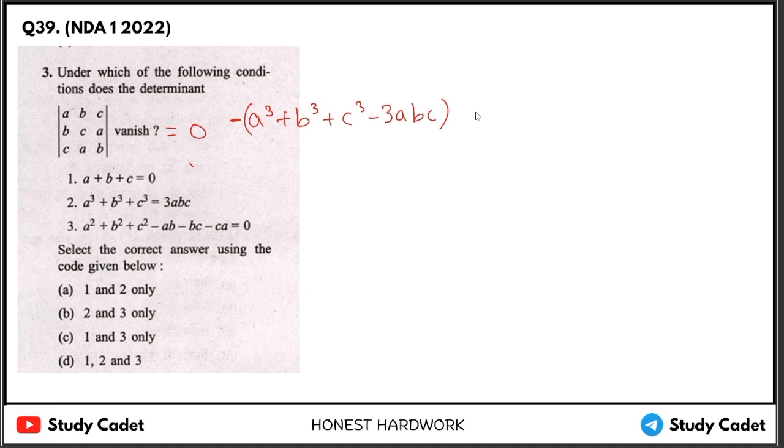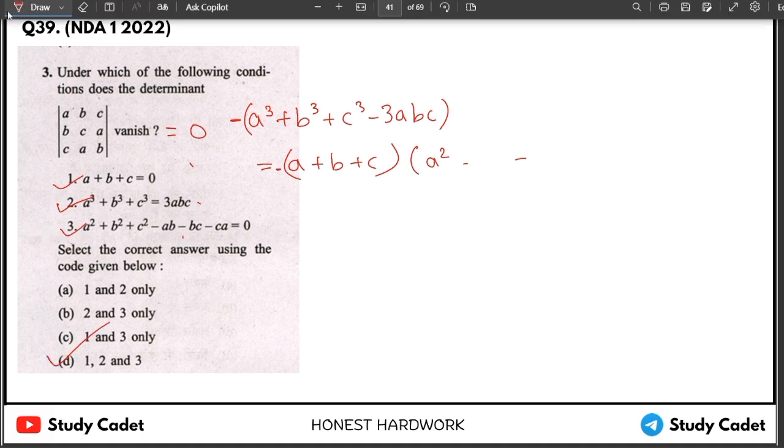This is the value of this determinant. So this determinant will vanish when this is correct. When we open this bracket, then this will turn into A plus B plus C, minus sign. Okay, and then A square plus B square, the same thing written here. So all three are correct.